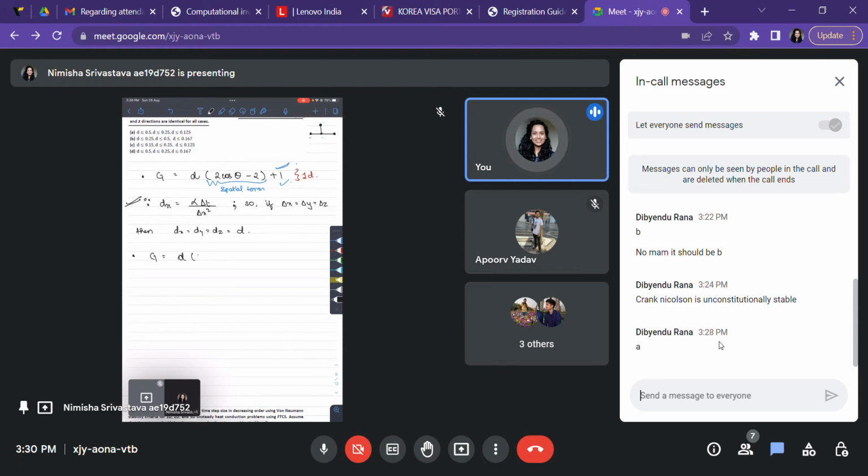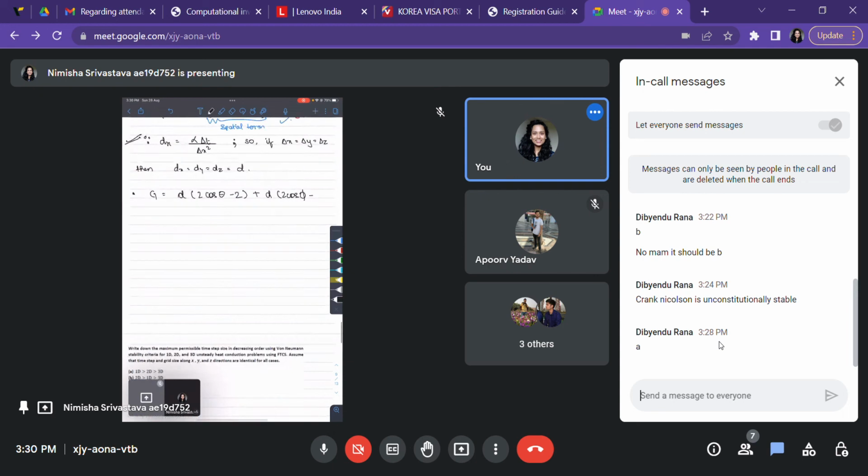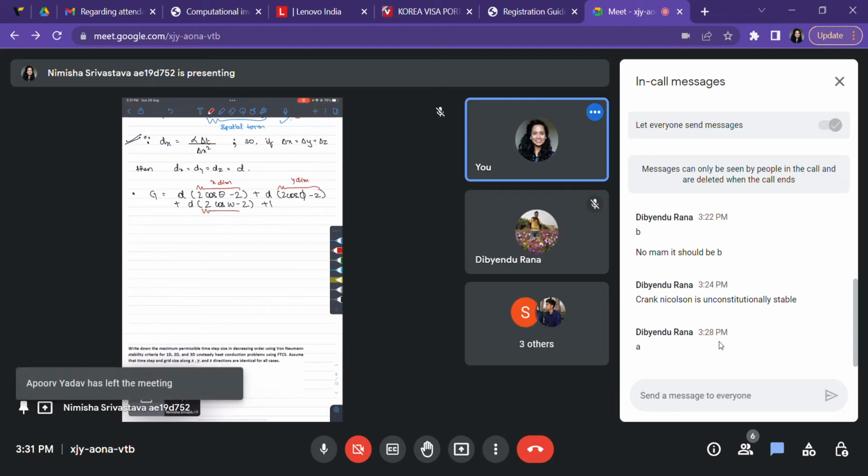So for 3D it would be d into 2 cos theta minus 2, plus d into 2 cos phi minus 2, plus d into 2 cos omega minus 2, plus 1. This is for the x dimension, y dimension, and z dimension.